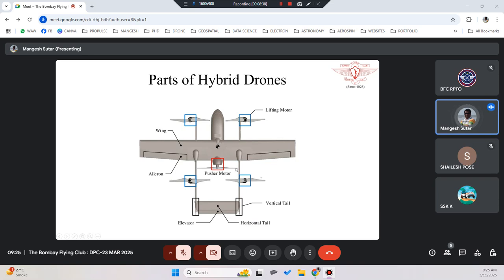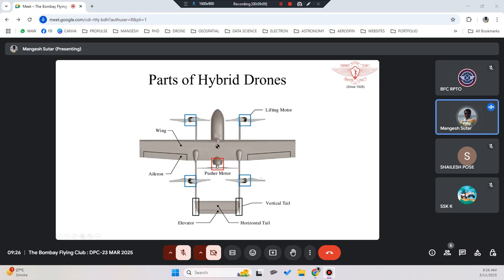But there is a fifth motor. Once it has done the VTOL action, the vertical takeoff, it will transition from a normal drone to aeroplane mode. When it transitions, it has to move forward, so this pusher motor will start. This is the fifth motor, which is a pusher motor. Since it is at the backside of the fuselage, on the tail section of the aeroplane, it is called a pusher motor.